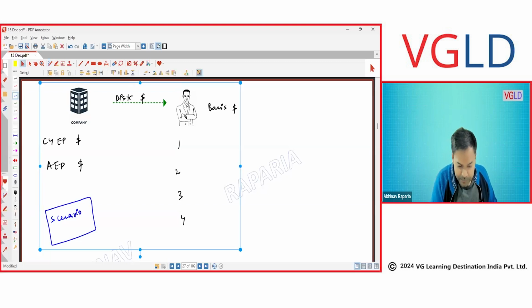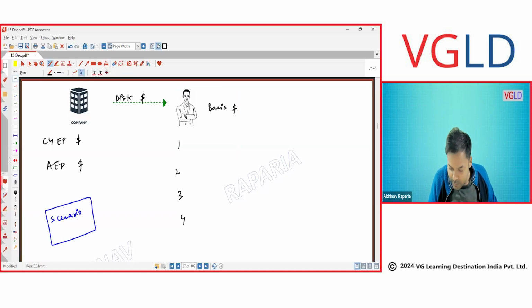Now, guys, what is going to be the 1, 2, 3, 4, one by one? Let's see that. Distribution amount is 40, guys. Current year is 10. Accumulated is 10. Basis is 5.